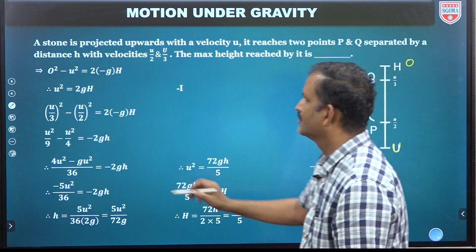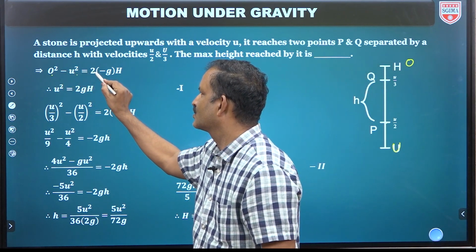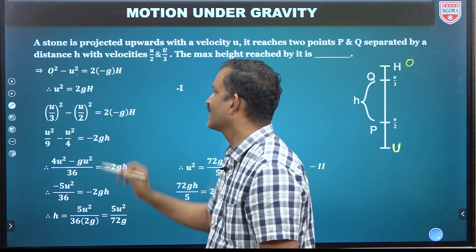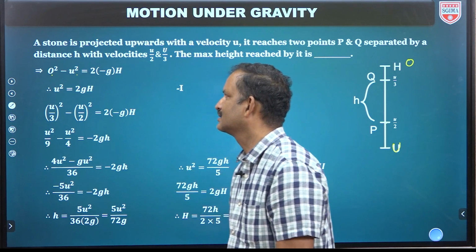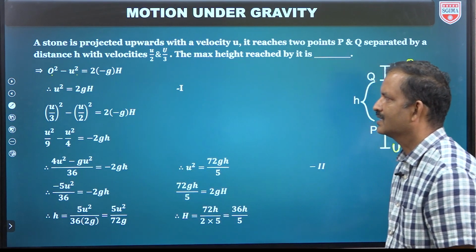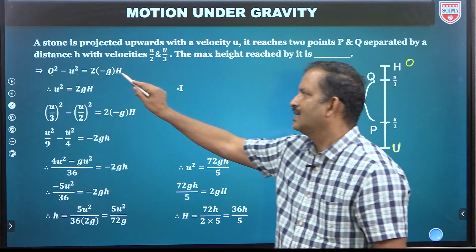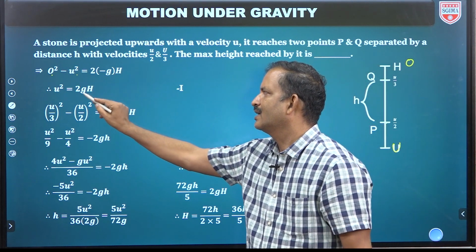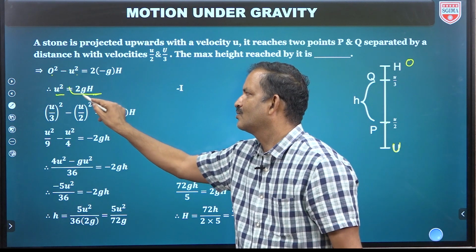Then you will get 0 square minus u square is equal to 2a, a is minus g, into h. I am applying sign conventions. You will get u square is equal to 2gh.